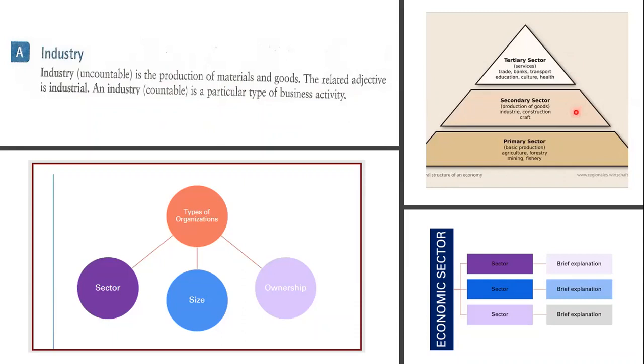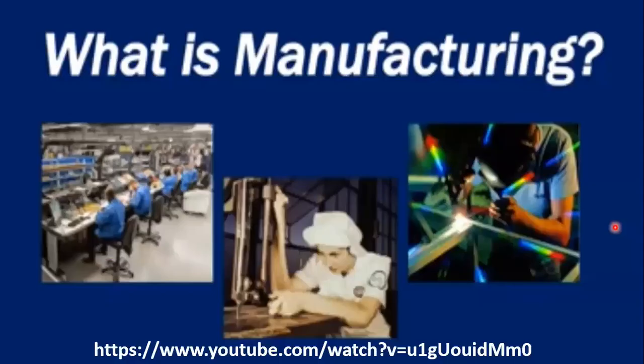You're right, it's the secondary sector: production of goods, industry, construction, craft, etc. So it's the transformation of raw materials, those you collect in the primary sector, into final or finished goods. Well, this is only the introduction for this class, or at least the first part.